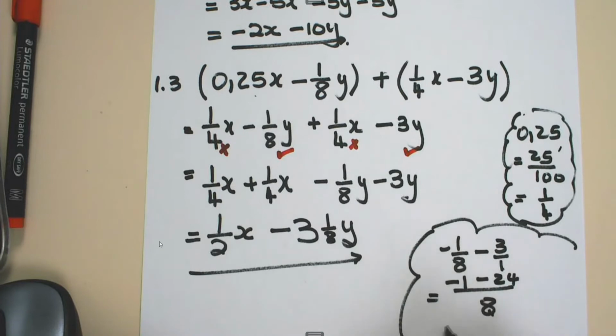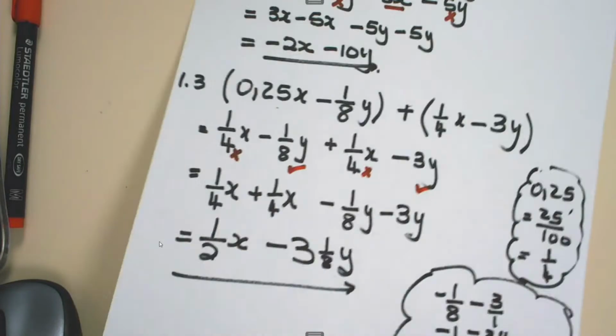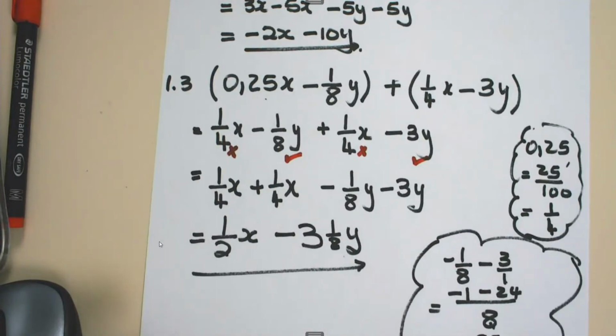And then you'll be having your answer as negative 1 minus 24, which is negative 25 out of 8. Then you check how many times 8 goes into 25. It goes 3 times, it leaves 1 out of 8, which is exactly the same as that one. But it's quicker when we actually understand the improper as well as the proper fractions.